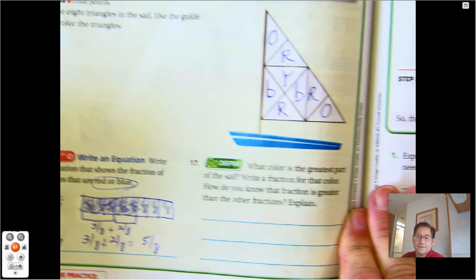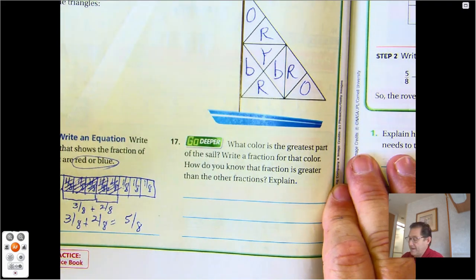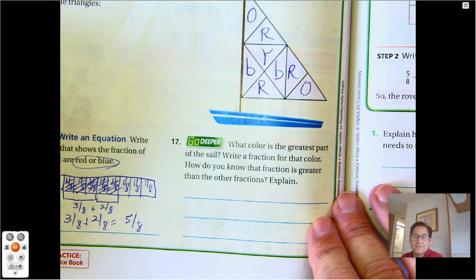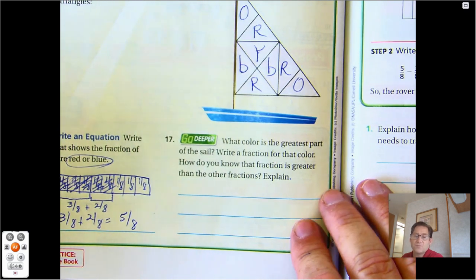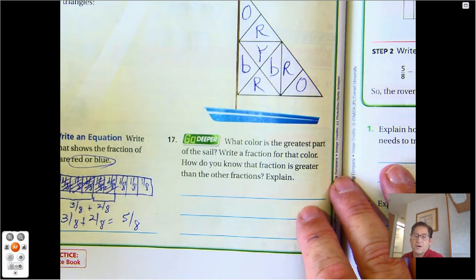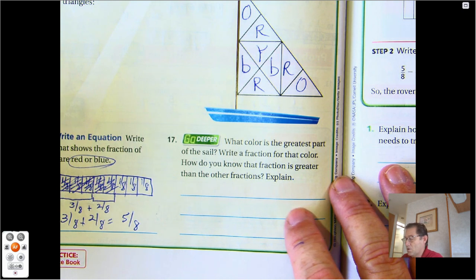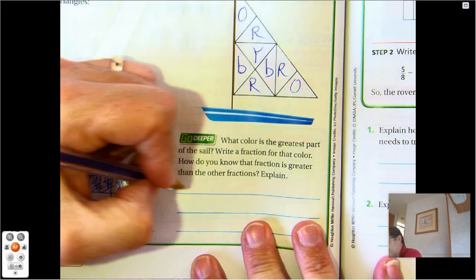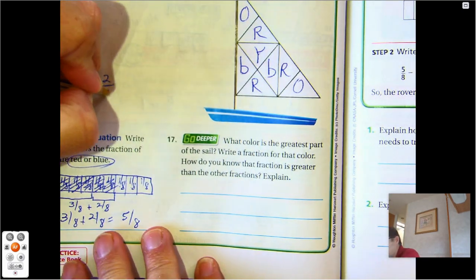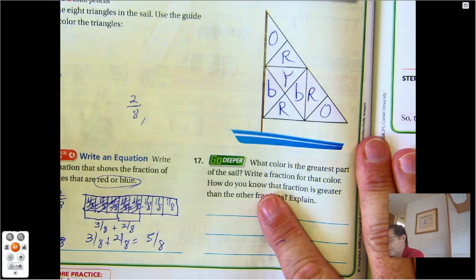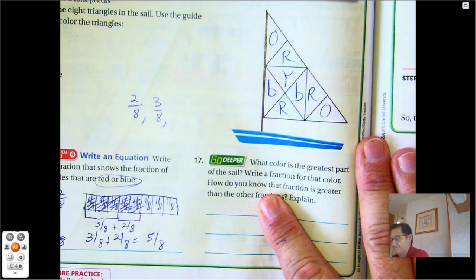Number 17, what color is the greatest part of the sail? Write a fraction for that color. How do you know that fraction is greater than the other fractions? Well, okay, so we have 2/8, 3/8, 2/8, 1/8.